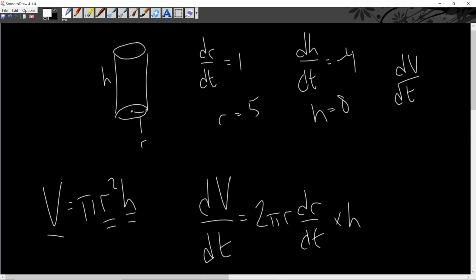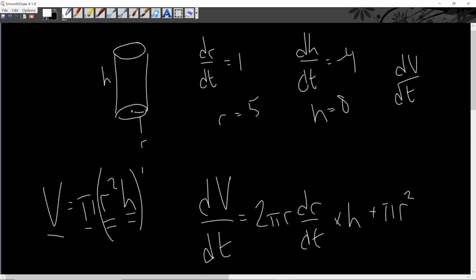So we have 2 pi r times dr/dt times h, and then pi is a constant multiplied to all of this. So in this derivative, you have to distribute that pi, and then we have to add that pi r squared times the derivative of h with respect to h.